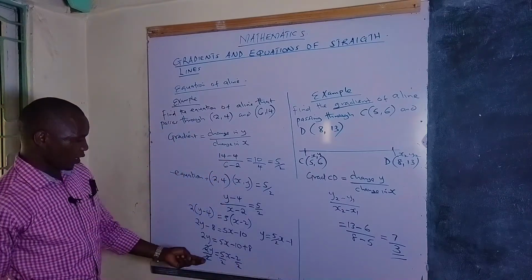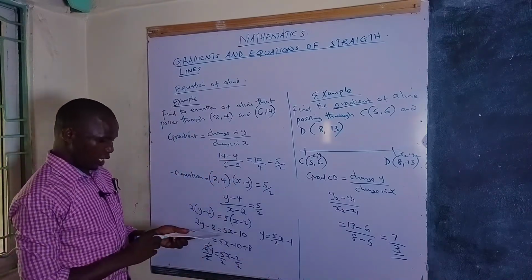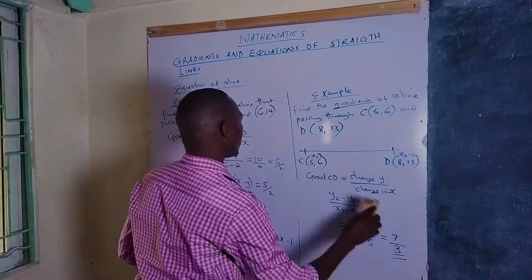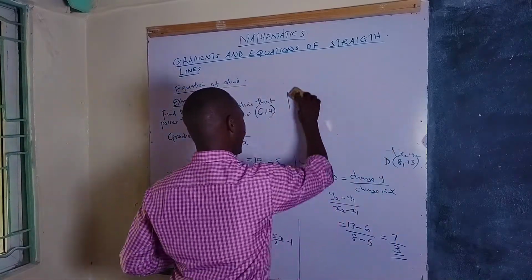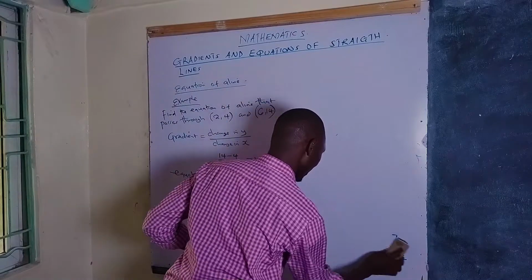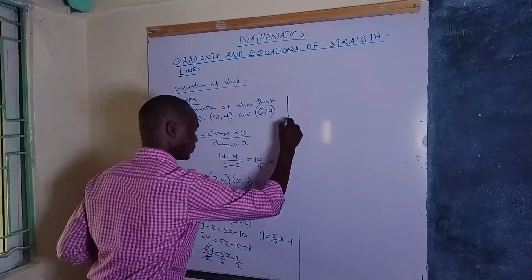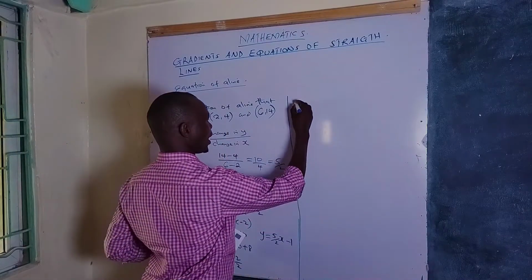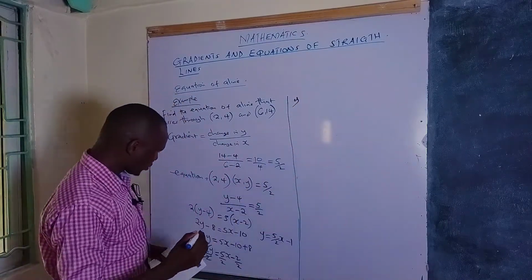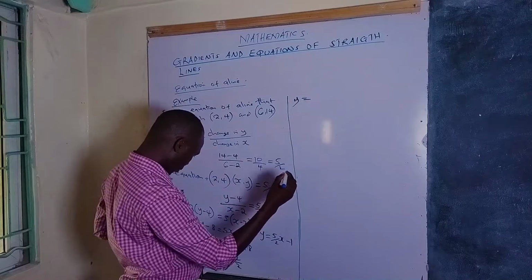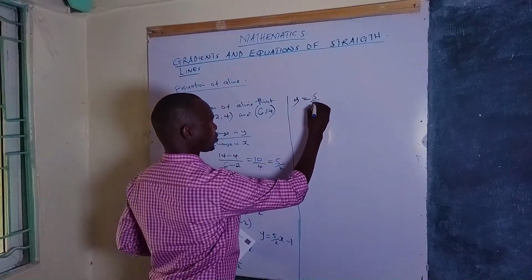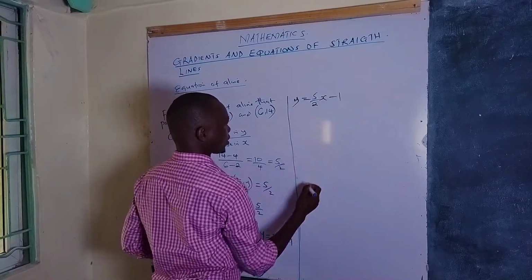The reason why we have made y the subject is because the equation of a straight line must always be expressed in the form y is equal to mx plus c. So our answer is y is equal to 5 out of 2 x minus 1.